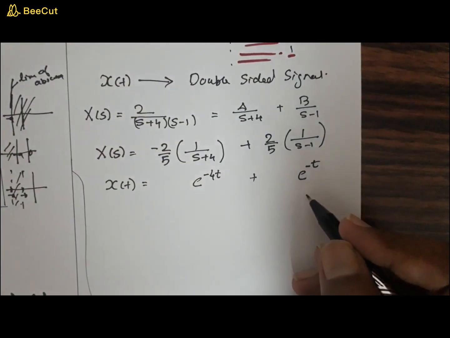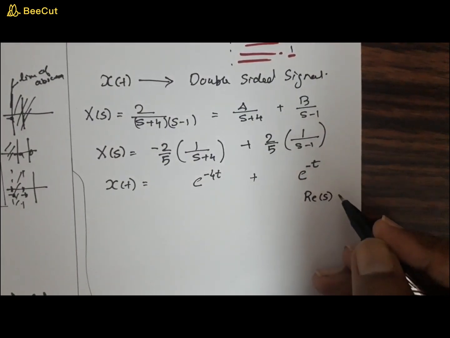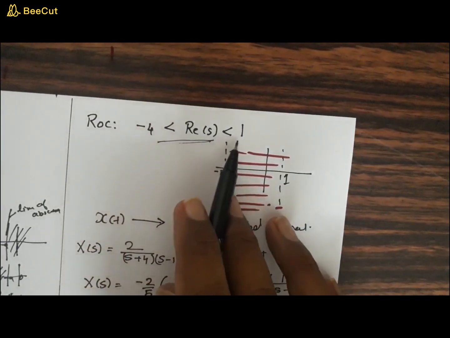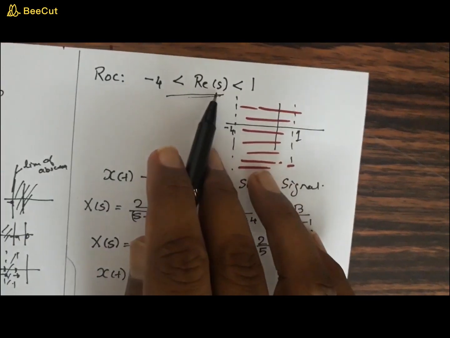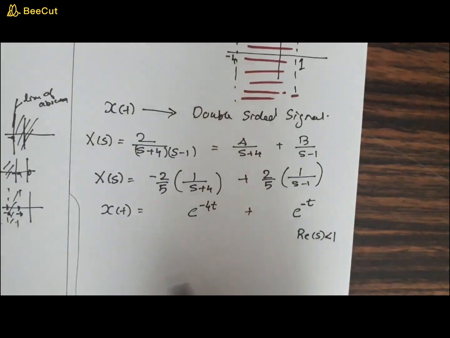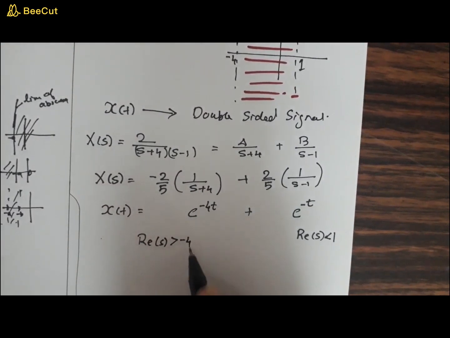Divide this ROC as Re of s is less than 1, right? When you read in this line, this is real of s is less than 1. Now if you read in the reverse direction, real of s is greater than minus 4. Okay, so you can write this, real of s is greater than minus 4.